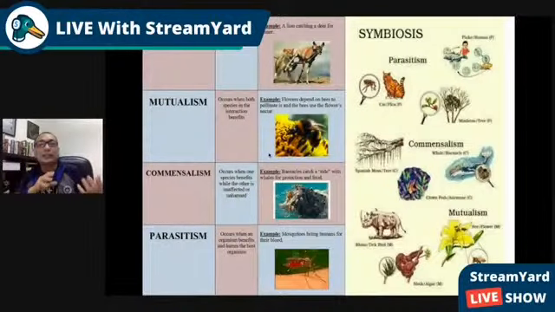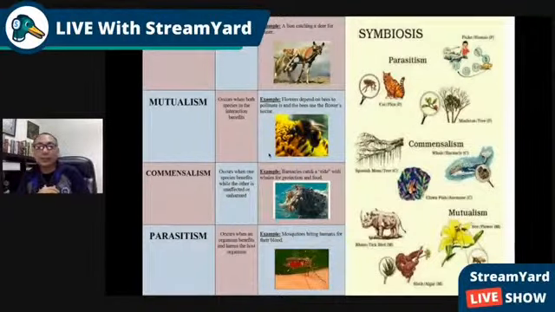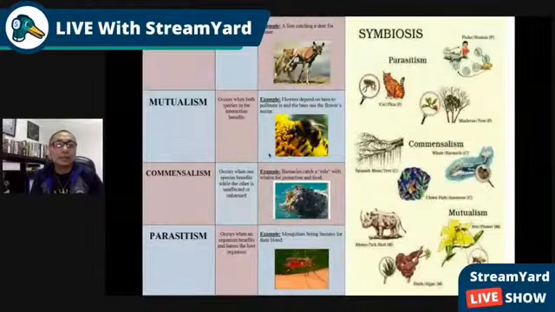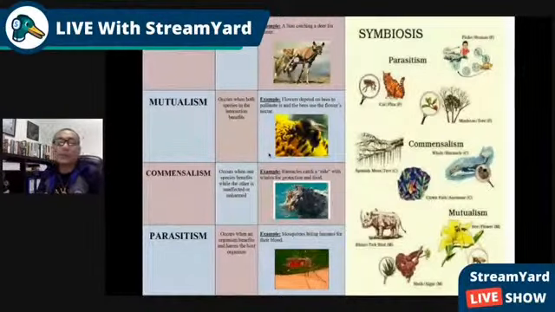Is it parasitism like the flea, or commensalism like the Spanish moss in the tree, or mutualism like the rhino and the tick, or is it predation? Predation is a bad kind of relationship because one gets eaten, the prey. Or parasitism, for example mosquitoes, our relationship with mosquitoes.